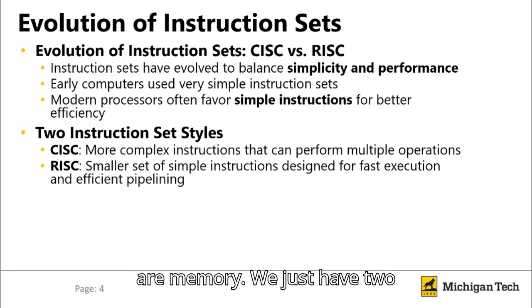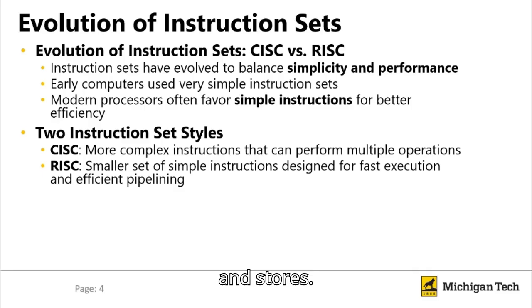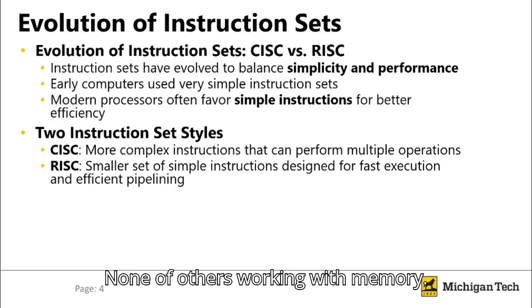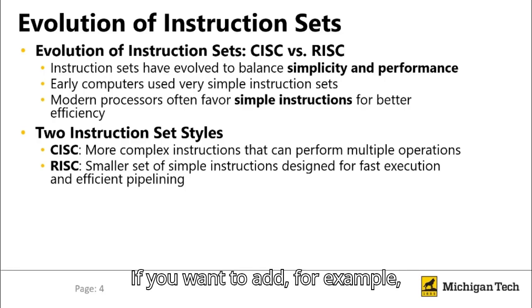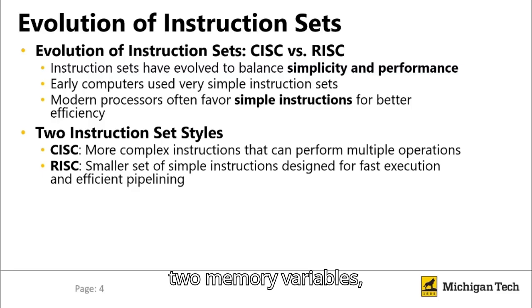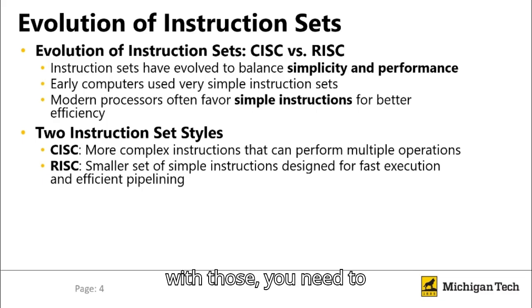We just have two instructions working with memory, load and store. None of the others work with memory. If you want to add, for example, two memory variables, you need to load them into registers and work in registers.